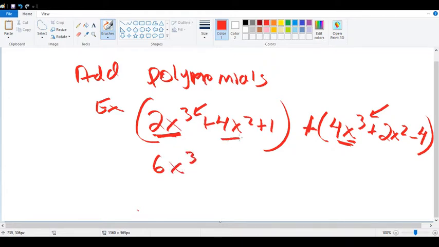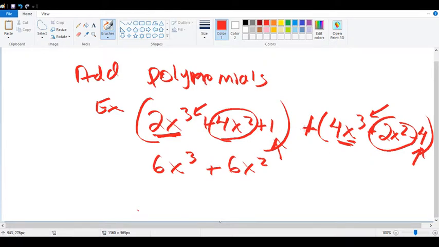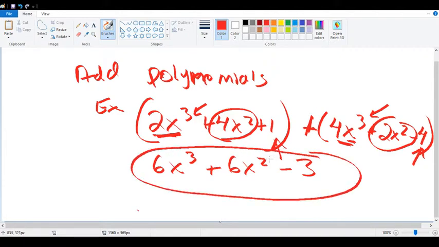If I consider 4x squared and 2x squared, I will get 6x squared. And then if I look at my constants, I have 1 plus -4, and that becomes -3. This is my answer.